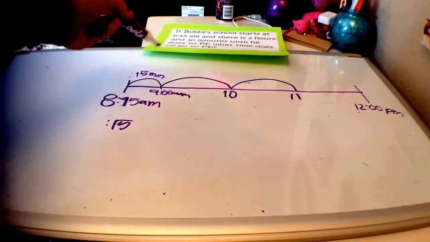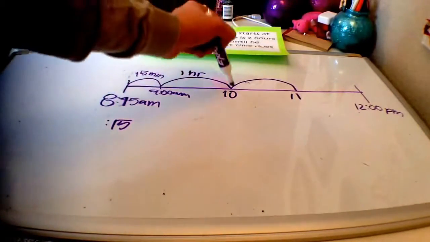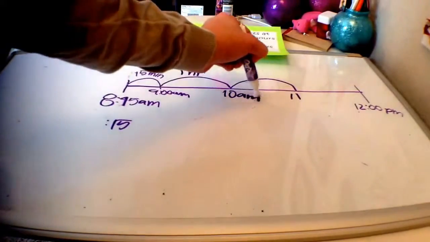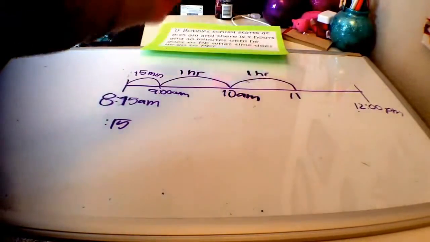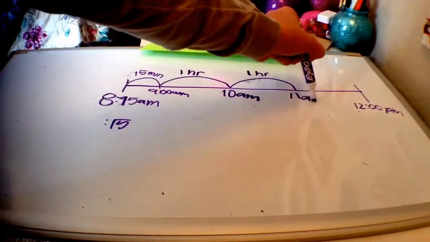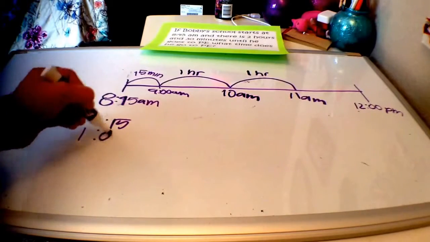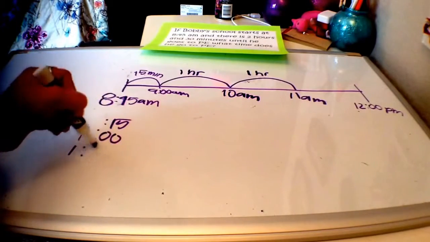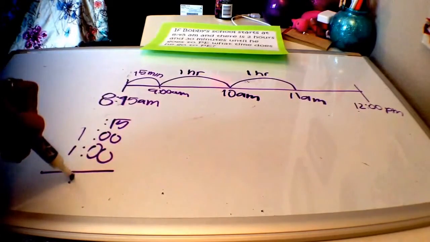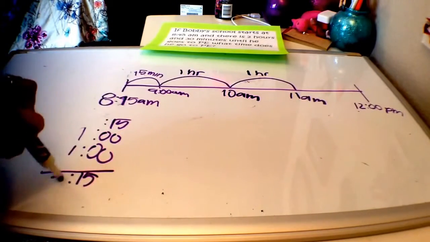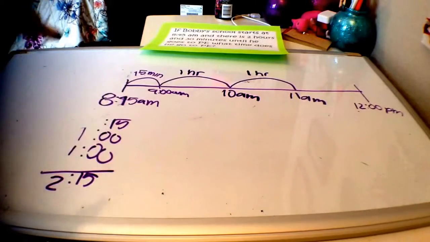So now we have gone 1 hour, jumping from 9 to 10 a.m., and then an additional hour, jumping from 10 a.m. to 11 a.m. So if we go down here to where we are keeping track, we can add 2 additional hours, and we will see that we have gone 2 hours and 15 minutes of our total 2 hours and 30 minutes.